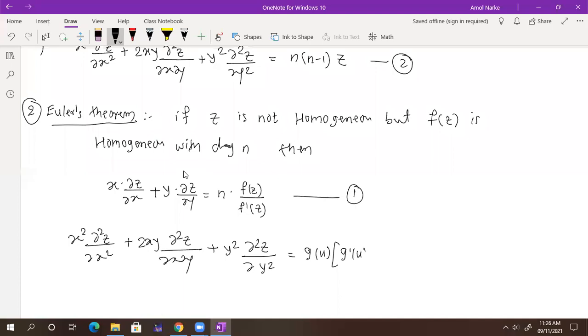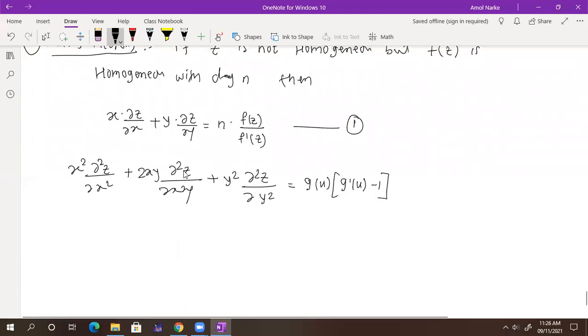But what is g here, where g of u is nothing but n into f of z divided by f dash of z. So that n is also there. Or you can call it z also, no problem for your confusion.